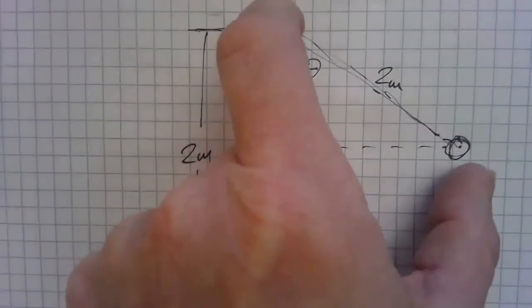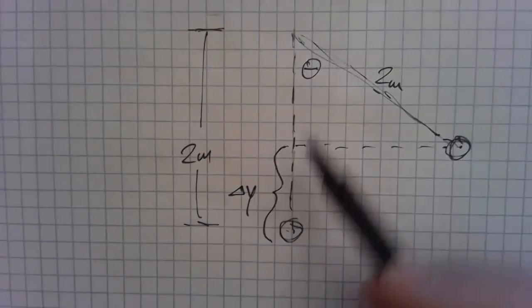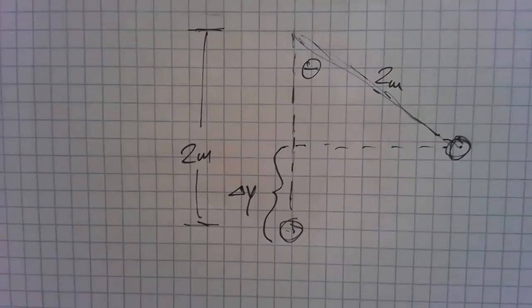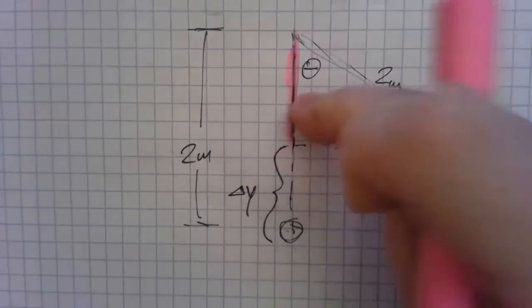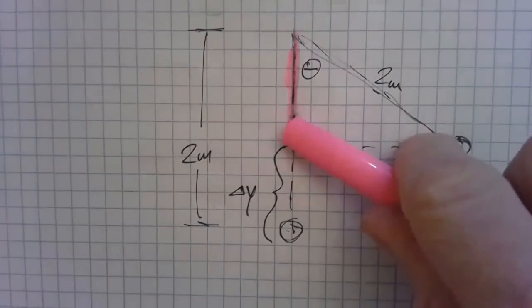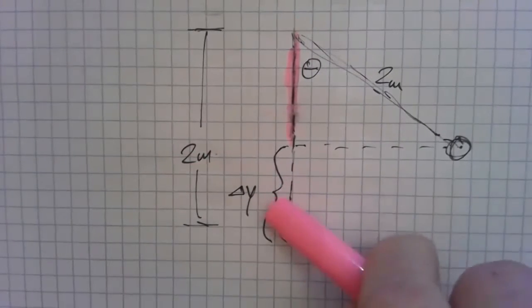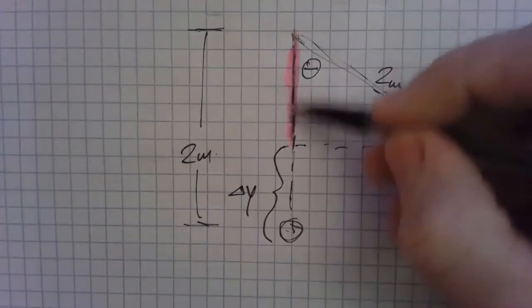It's the same pendulum piece. To get this, I really need to go after this. This is what the pink thing is, what I've got to find first. And if I find that, I can subtract it from 2 meters, and that gives me my change in height. So let's figure out what this is.